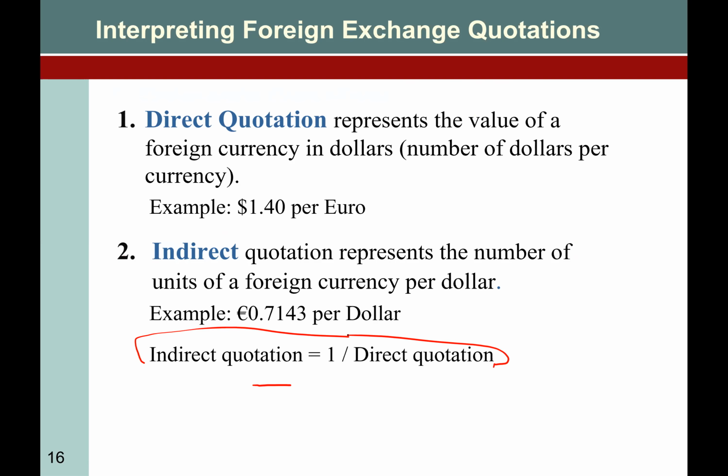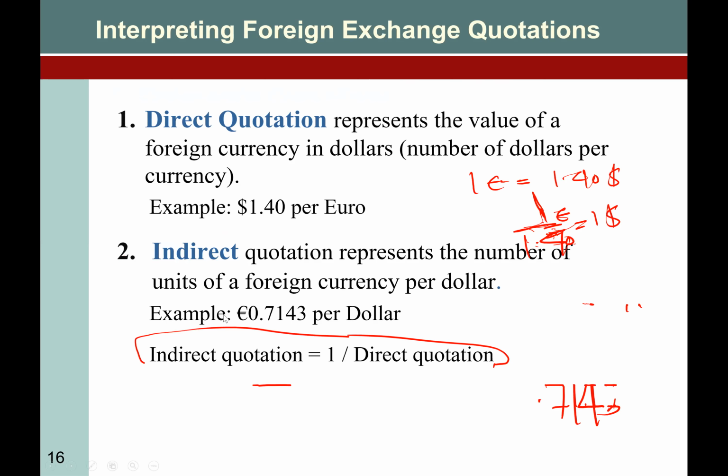So you see here, if 1 euro is equal to 1.40 dollar, and you want to find out $1, then $1 would be equal to 1 by 1.4 euro, which is equal to 0.7143.